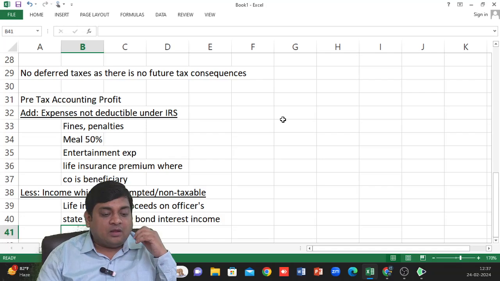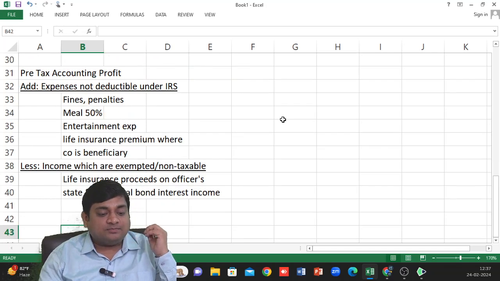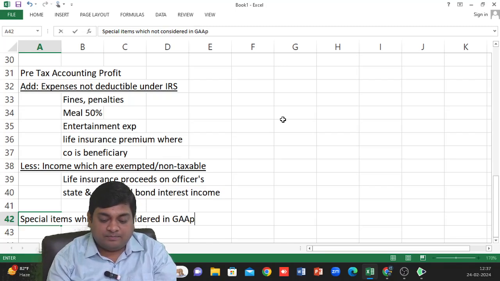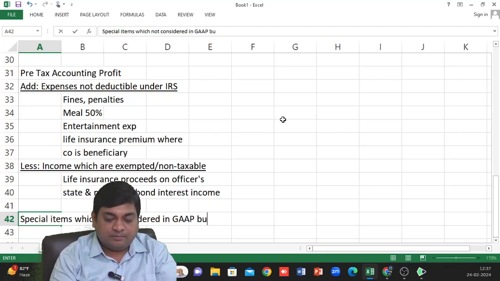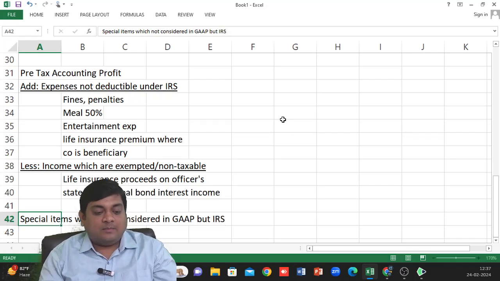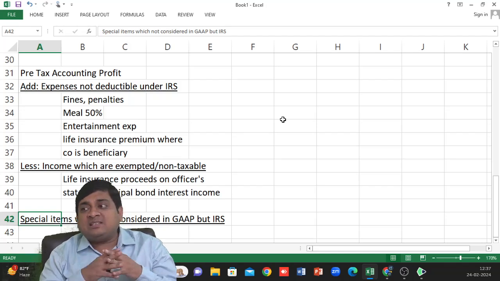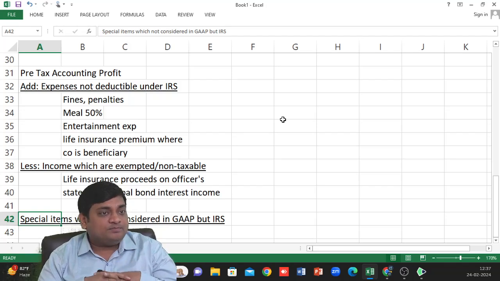Now there are some special items which are not considered in GAAP but are in IRS. So due to this also it is a permanent difference. Suppose I am working in a special economic zone and I have incurred an expense of 1 lakh.